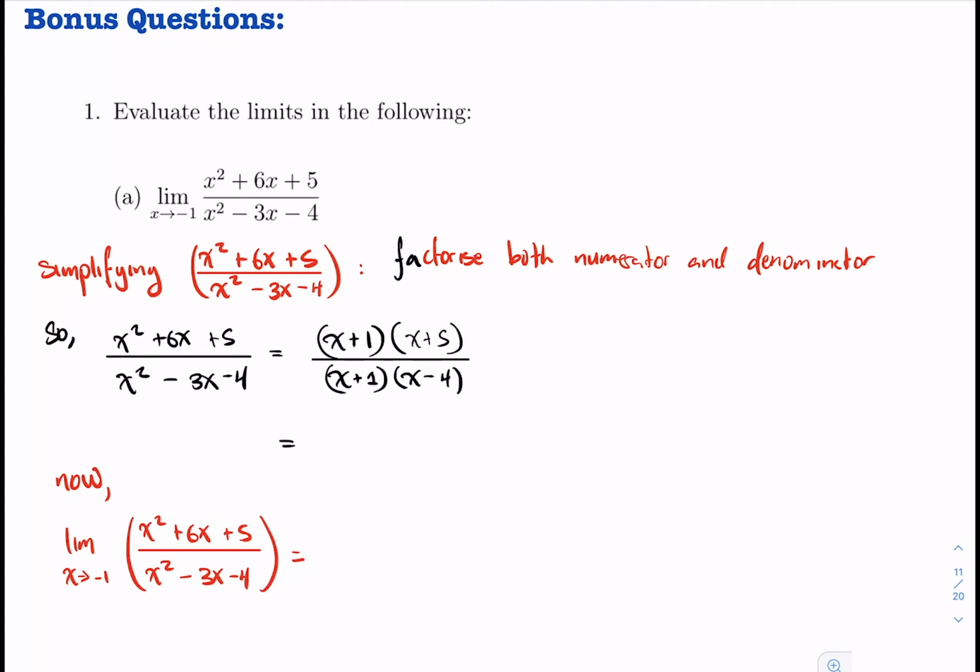If we look at this, we end up with x plus 5 over x minus 4, and the reasoning is that these two x plus 1's cancel each other since x is not equal to -1. We're only approaching -1, but we are not at -1.